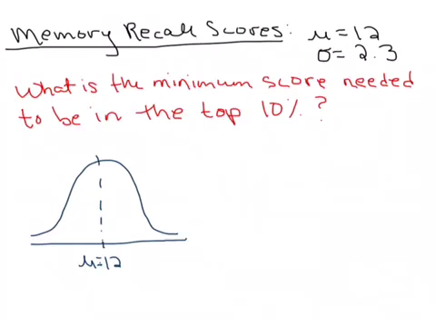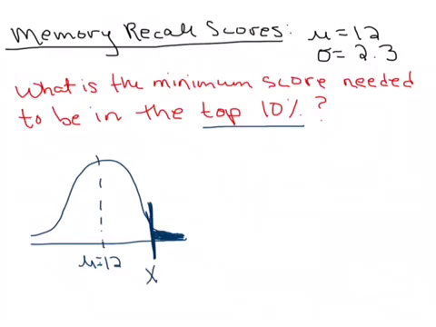Now they're looking specifically for a minimum score in the top 10%. So we know the top 10% is over here. The scores that fall over here make up 10%. But what we want is the minimum score. So what we're looking for is the score that falls right here.